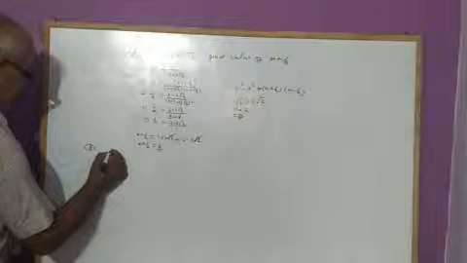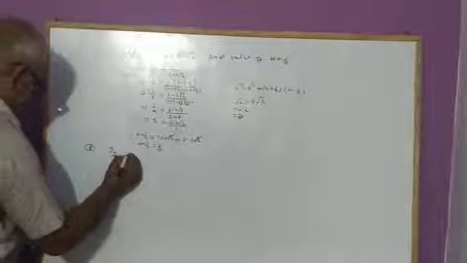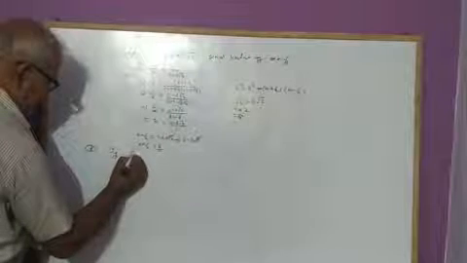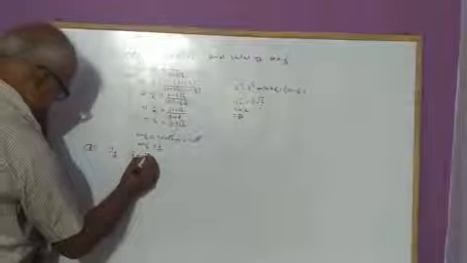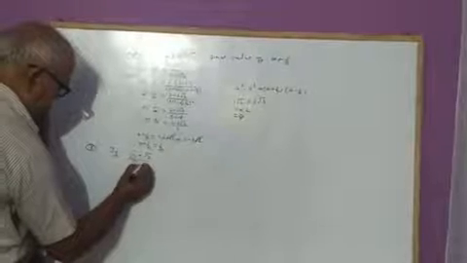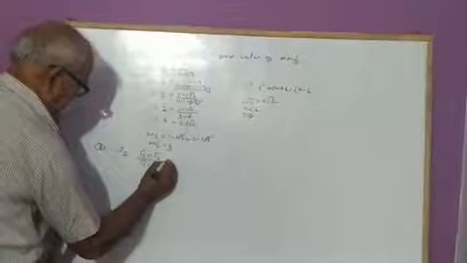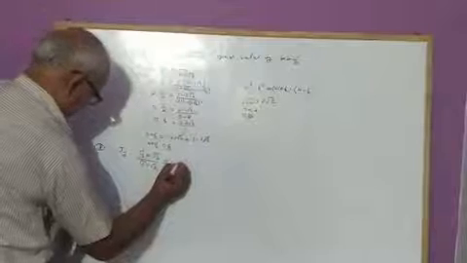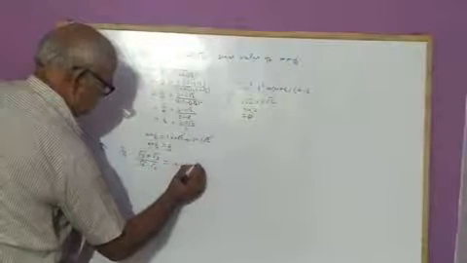Question number 3. If root 5 plus root 3 upon root 5 minus root 3 is equal to a plus b root 15.